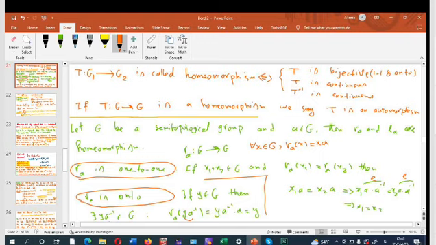For the first condition, we must prove that this function is one-to-one and also onto.